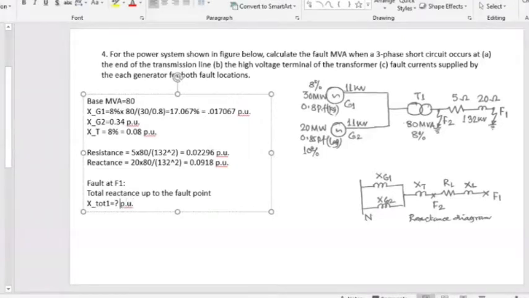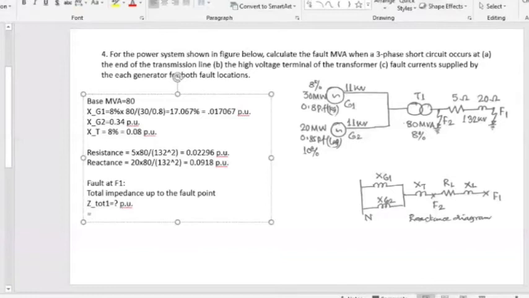In this case, actually it will be Z, because we have R and XL. So what we have here, we have two reactances, XG1 and XG2 in parallel, and then XT also reactance, and R is resistance.